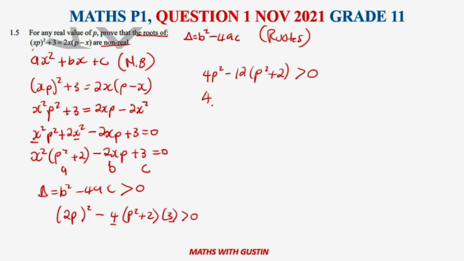Let's simplify this further. We need to remove the bracket here: 12p squared minus 24 greater than 0. Okay, great stuff. So now once it's like this, guys, we are going to have minus 8p squared minus 24 greater than 0.